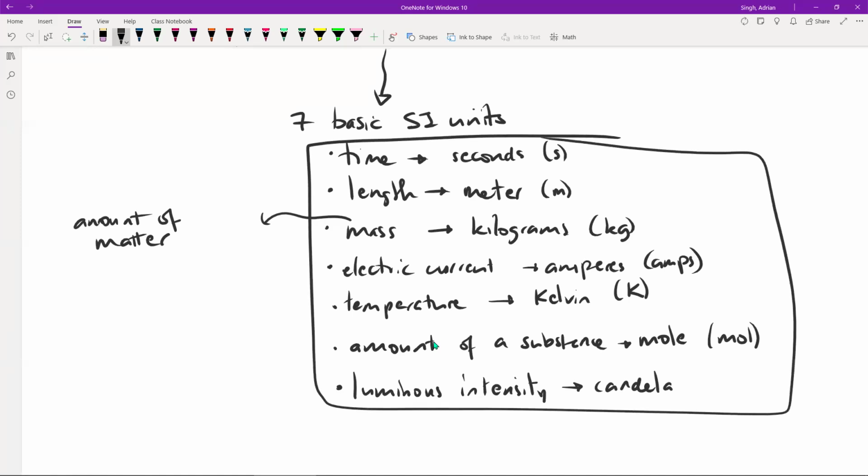Some, like I said, we're going to see more than others. Some we're going to see way less frequently, like candela, and others, like meter, way more frequently. We've talked a little bit about some of these already, and we'll continue talking about them in this section.